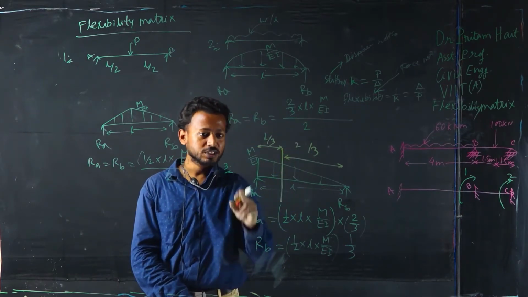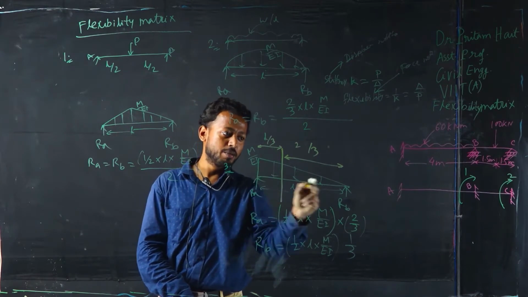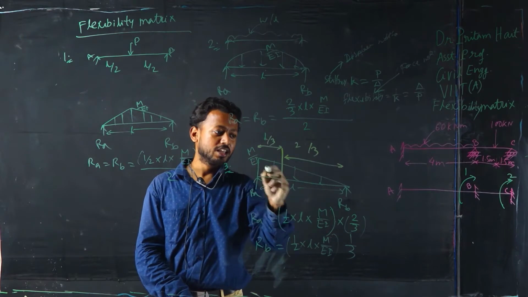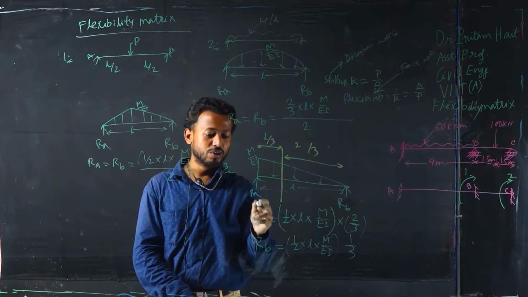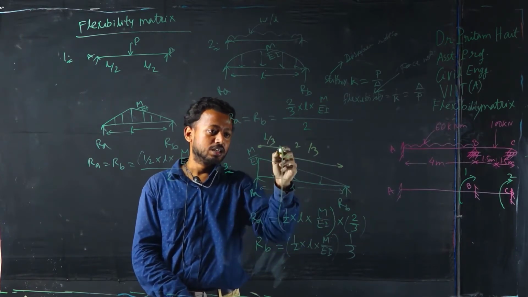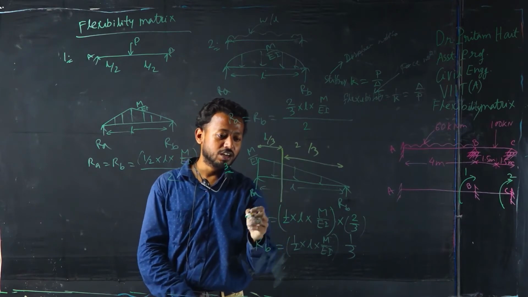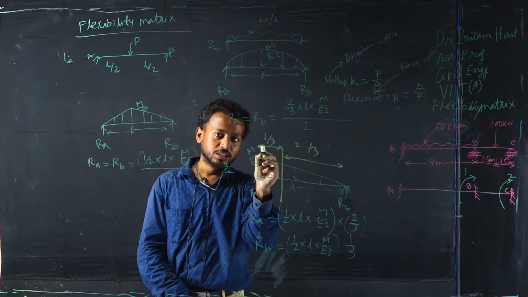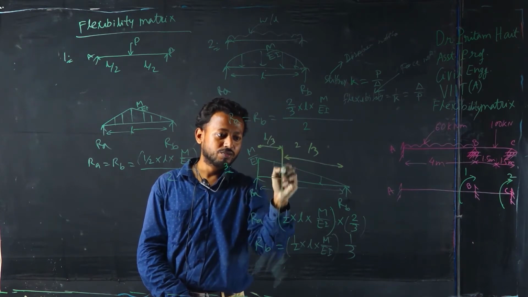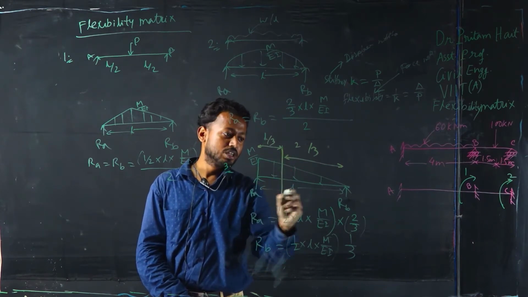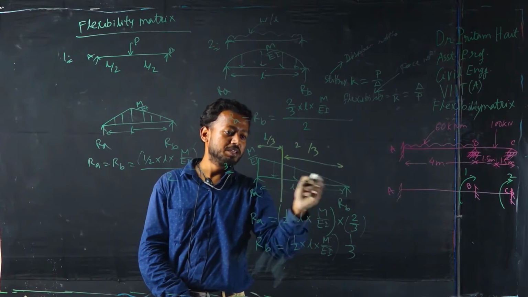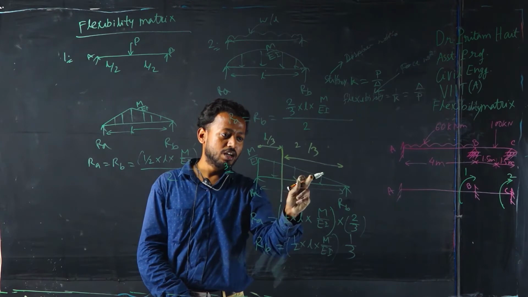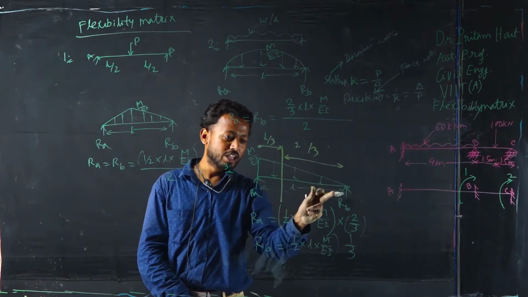Okay. In the third case, if a beam is subjected to varying load, this is M by EI and this is 0. So how will you calculate RA and RB? See here, the CG distance will be at 1/3 of L from A support and 2/3 of L from B support. So you can calculate RA: first find out the area of the triangle, that is half into base into altitude.